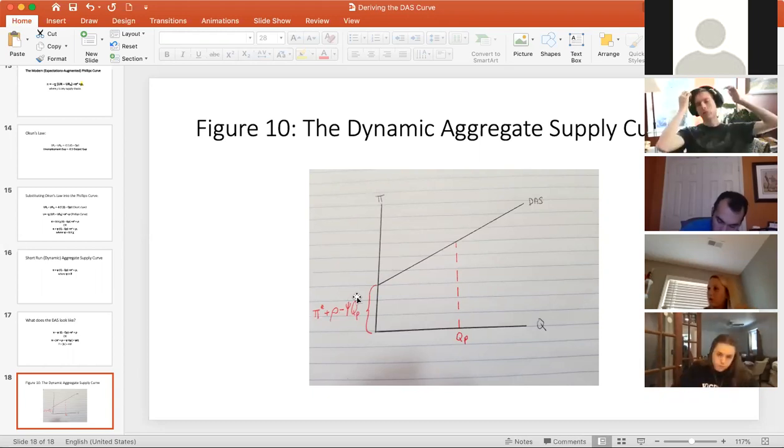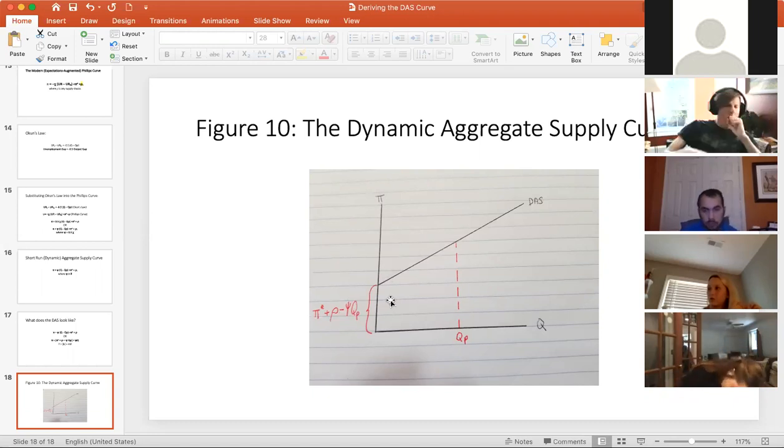That's going to bring prices down. That's going to shift the DAS curve down and reduce the rate of inflation. So my point here is all of these things make sense when you think of them individually and in terms of the curve. Any questions?